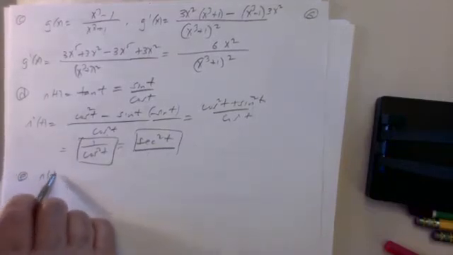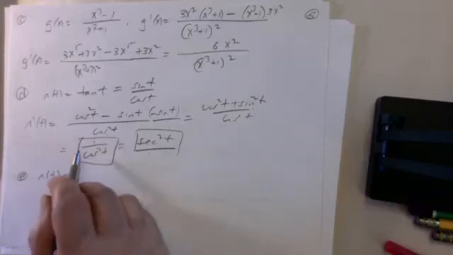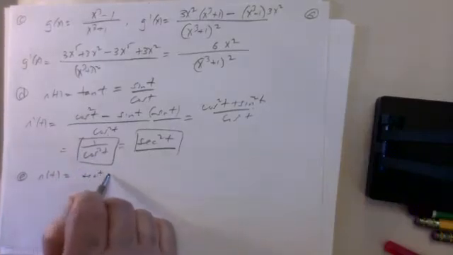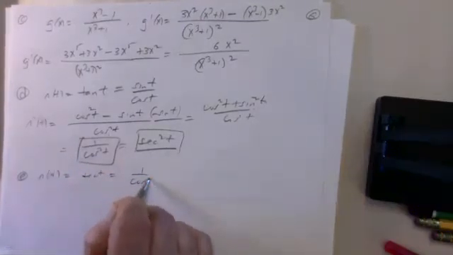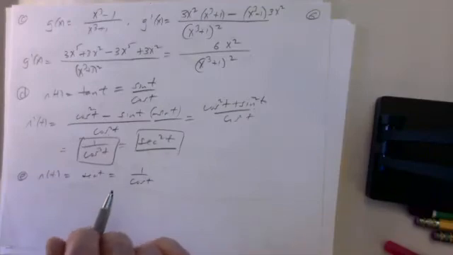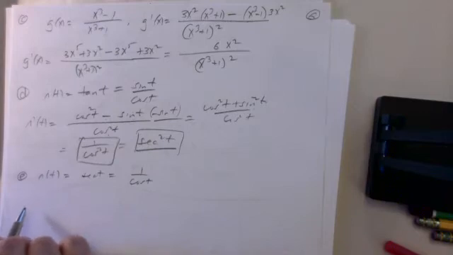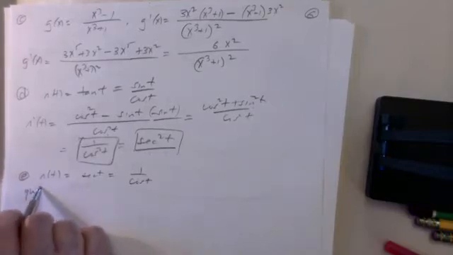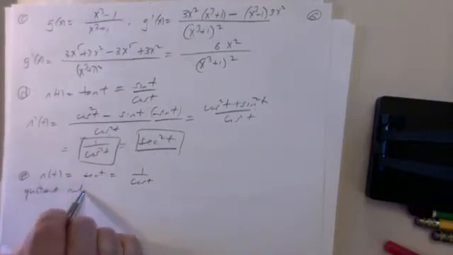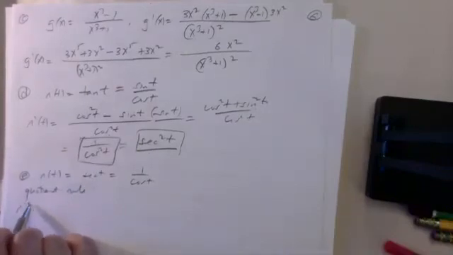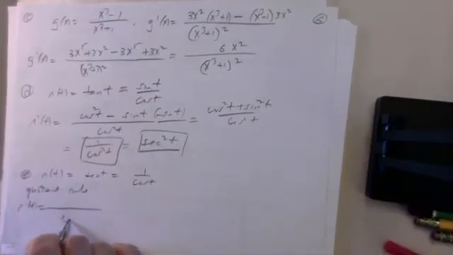E is the function secant t, which is 1 over the cosine. So we could differentiate this using either the quotient rule or the chain rule. If you use the quotient rule, you get r prime of t. I have cosine squared t in the denominator.